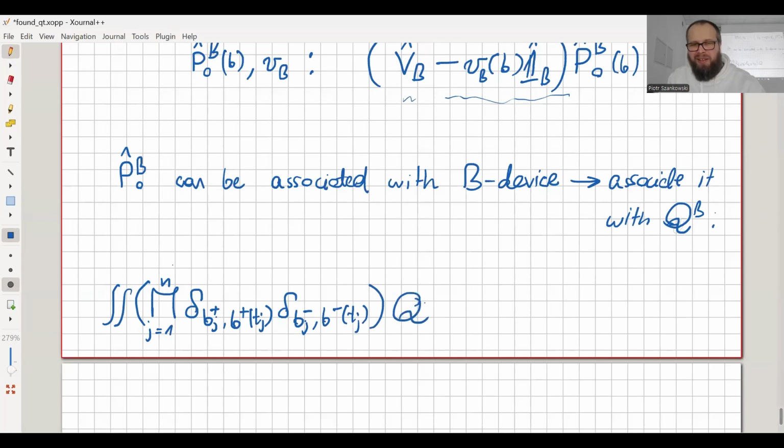Here is a master B probability for the B trajectory, b plus, b minus.